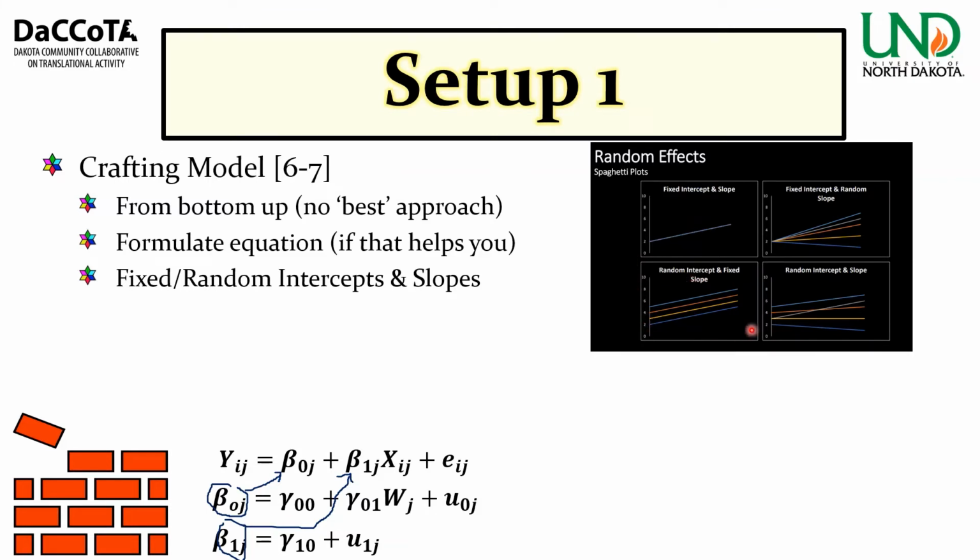You can see how the lines have the same slope, but can be up or down to change the intercept across groups. Further allowing the slopes to vary adds flexibility to the model, so random intercept and slope. Each group can have its own intercept, and each group can have its own slope. Now, you could technically also just fix the intercept and let the slopes vary like this, but in practice, that is seldom done, and we won't see that in any of our examples.